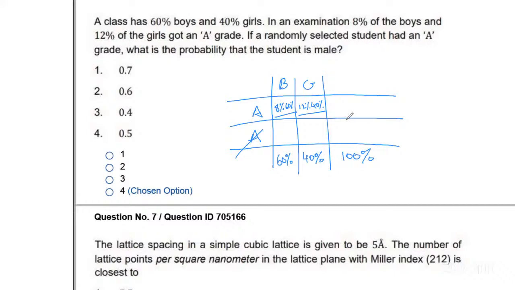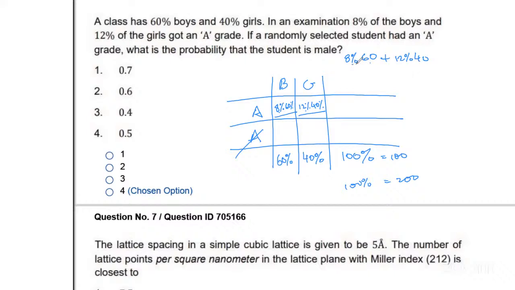So all I have to do is assume that this 100% is 100. I'll just do the math again. So 8% of 60% of 100 will be 8% of 60, plus 12% of 40% of 100, so that's 12% of 40.